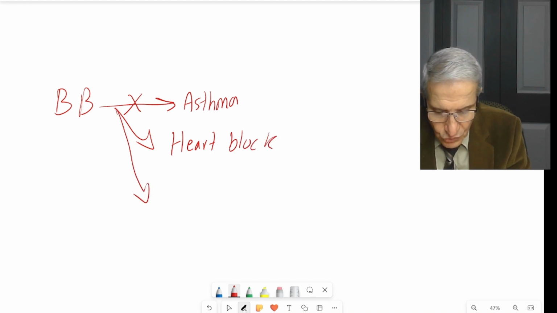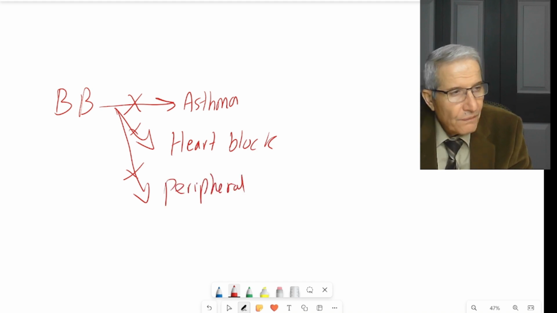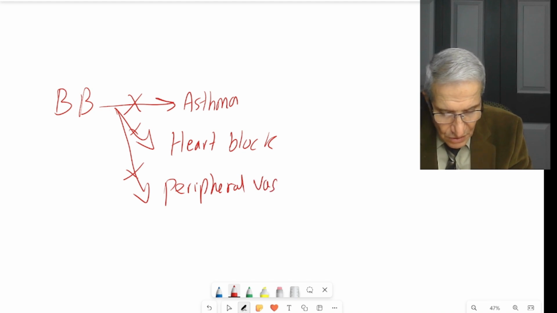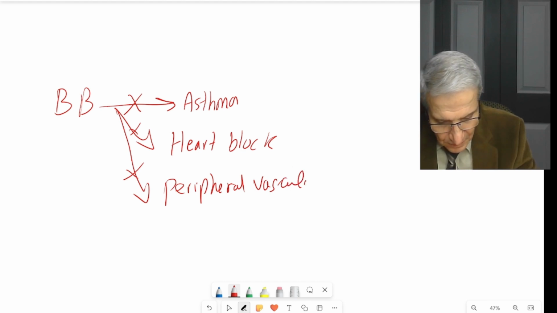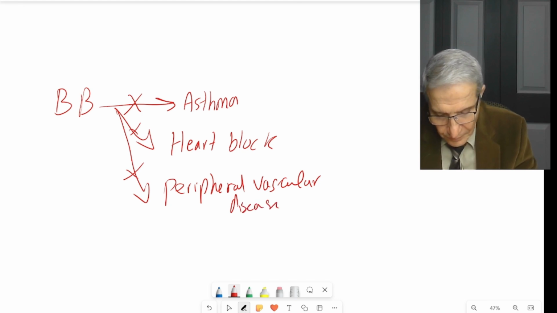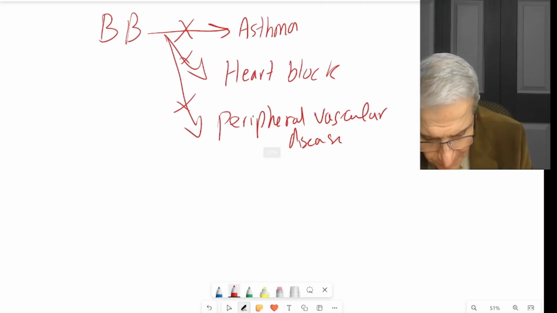And not prefer to use it in patients with peripheral vascular disease. I'm going to explain a little bit why we don't prefer to prescribe it.